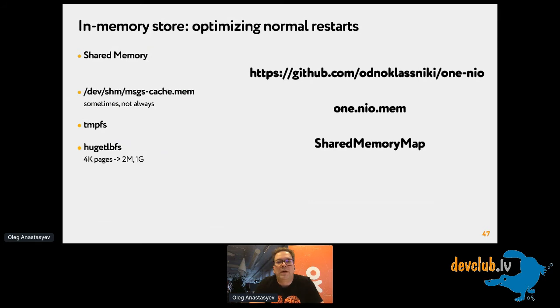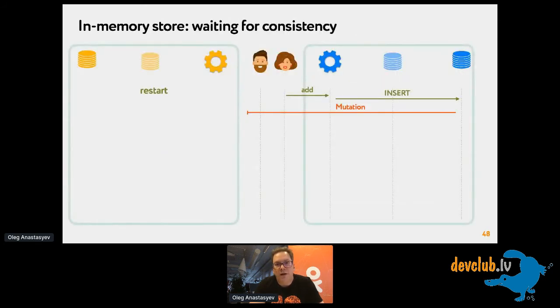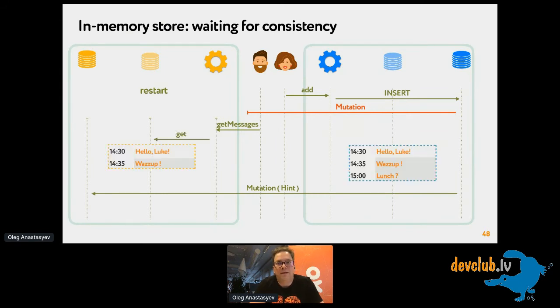Starting the node with the shared memory map, only a quick sanity check is performed on startup now. The start became so fast that part of the requests hit just started replica before other replicas sent all pending hints to it. And Luke could get stale data from the memory store again.